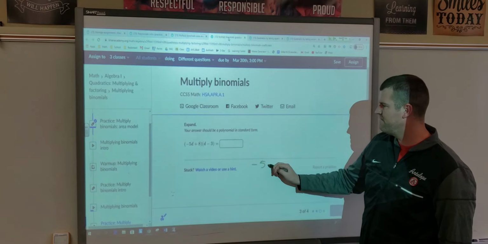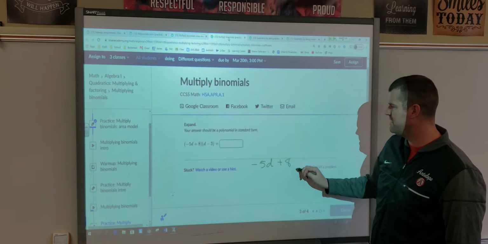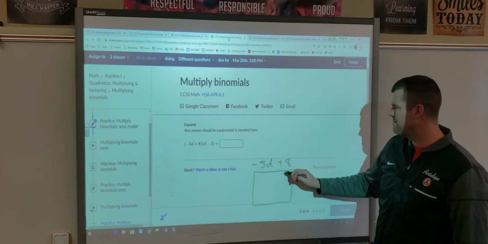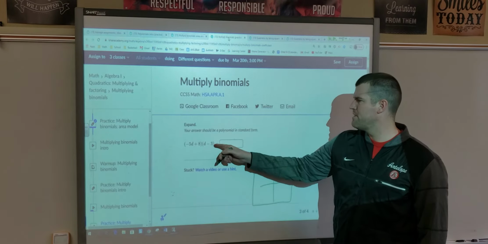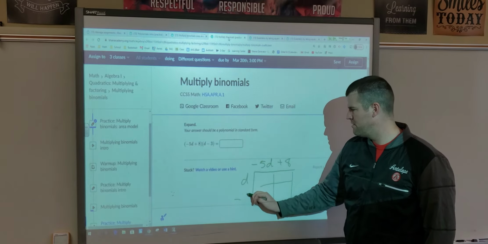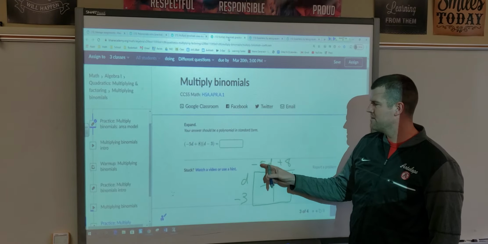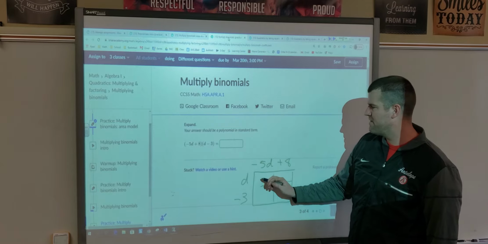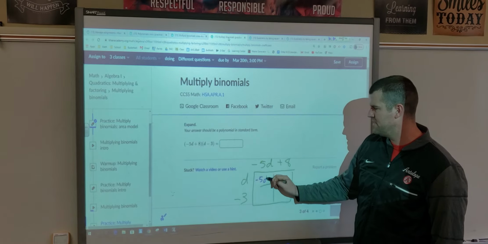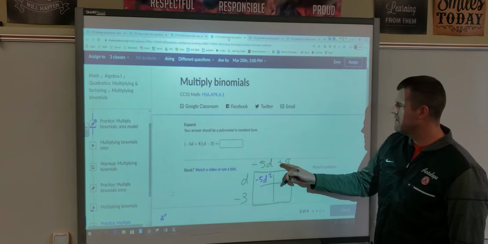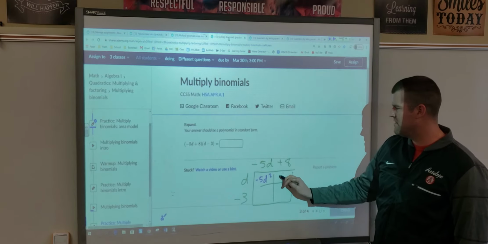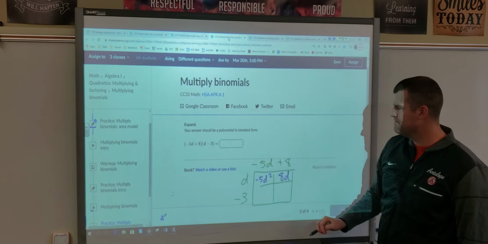So we got negative 5d plus 8. I'm going to make my box d minus 3. And then I figure out what goes in the box. So I need to multiply these together. Negative 5d times d is negative 5d squared. And then positive 8 times positive d is positive 8d.